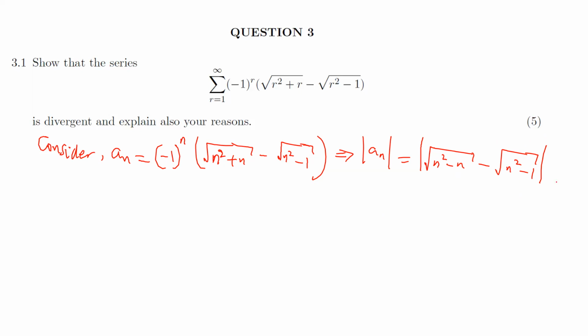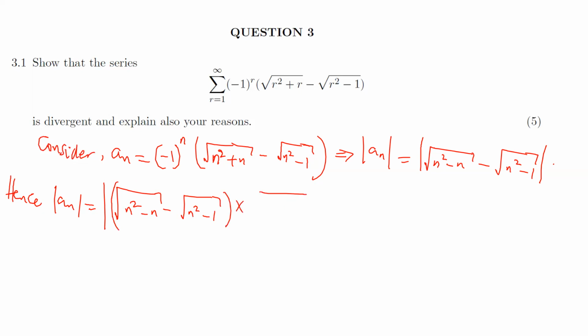All right, so we have this. Hence, we have this. After that, we multiply by the square root of n squared plus n minus the square root of n squared minus 1. We multiply by the opposite sign of this, remember? The problems will just require the vanishing condition.